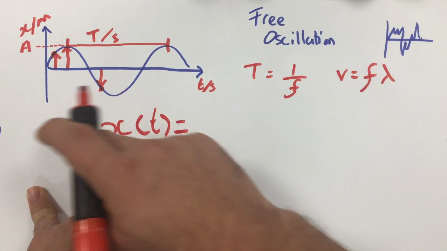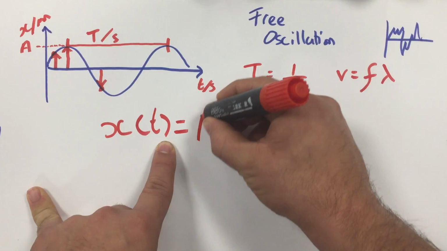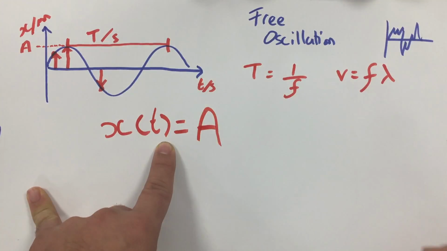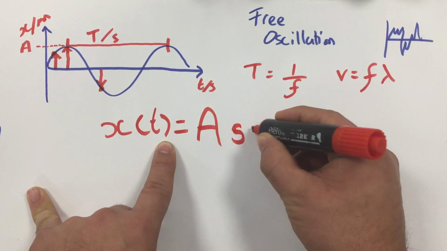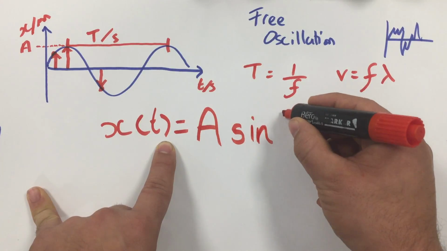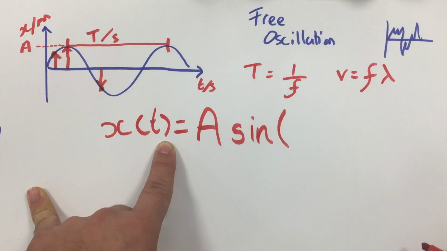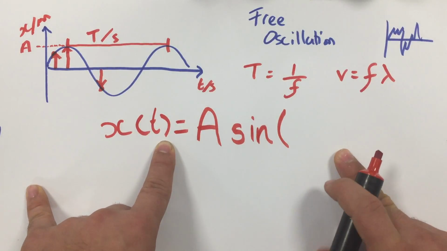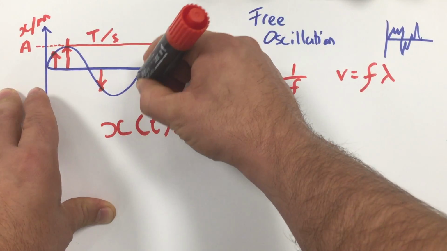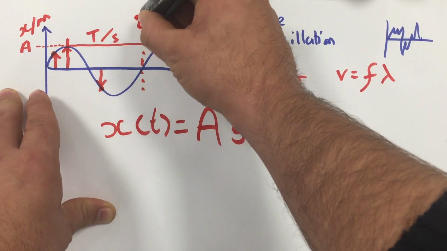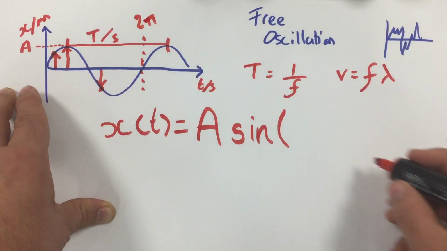Now if I wanted to work out the displacement at any point, I'd need to know what the biggest possible displacement would be. So what I do is amplitude multiplied by sine theta. Now theta here needs to be in radians, because obviously one complete oscillation represents 2 pi radians.